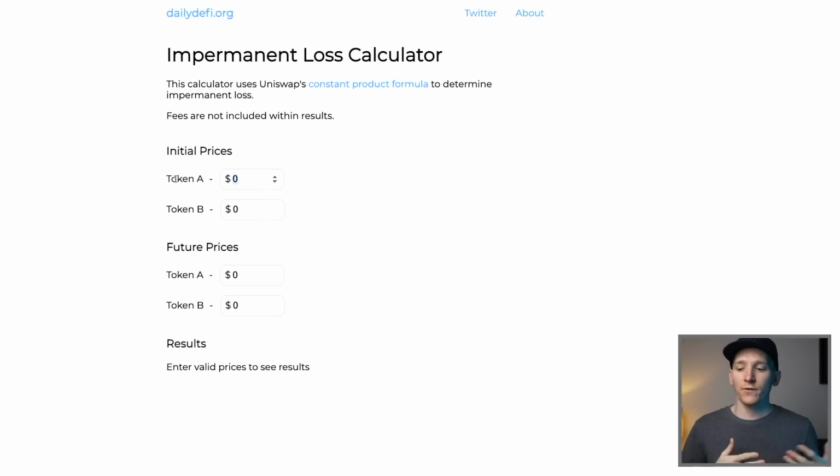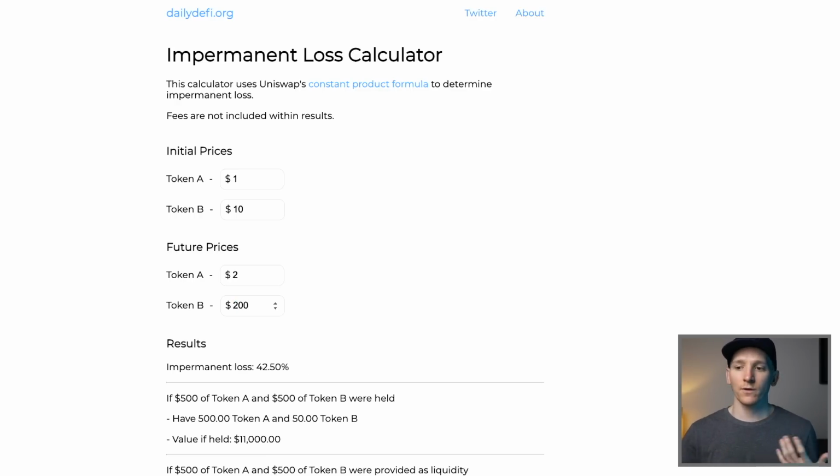So for example, if you have token A and that comes in at $1 and token B, that was 10, right? So token B, it takes 10 of A to buy B. That's when you put them in, then the price changes over time. Token A actually gets a little bit more expensive, so it doubles in price, but token B gets crazy expensive. You know, there's something that happens and let's say it goes up to $200.